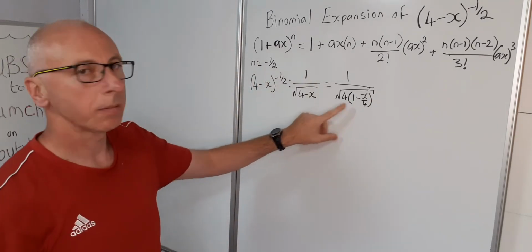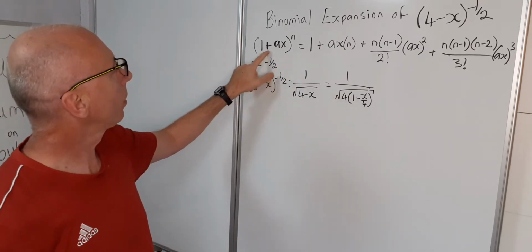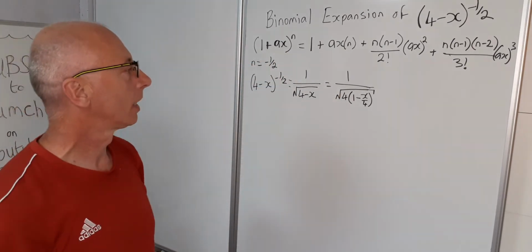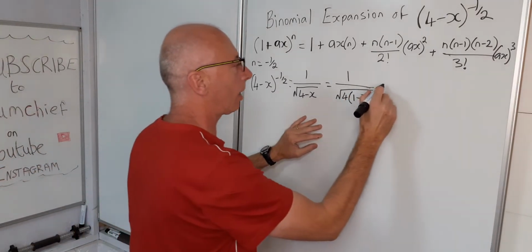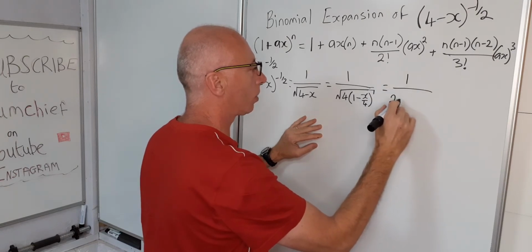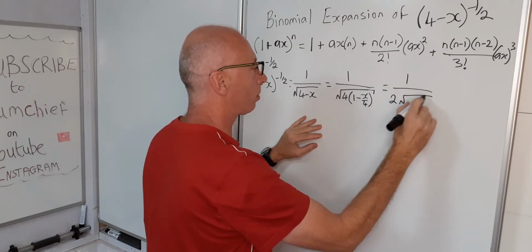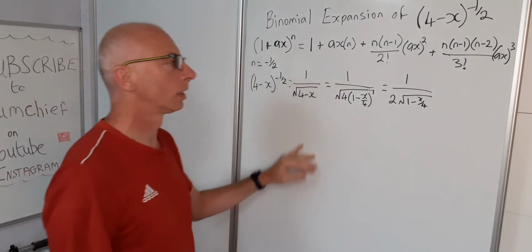So that's still the same term as here, but now we've got it in the form of this one here. Now if we take the square root of 4 out of the radical, we get 2 times the square root of 1 minus x over 4.